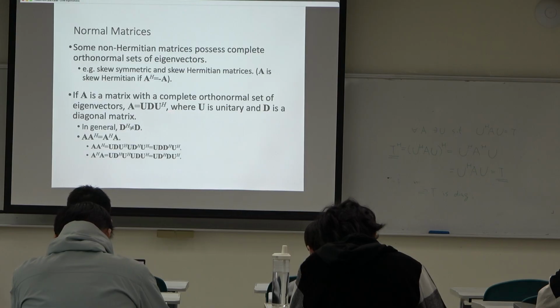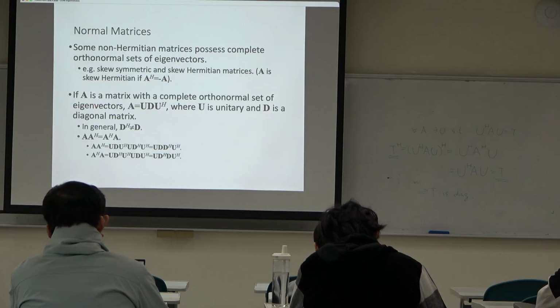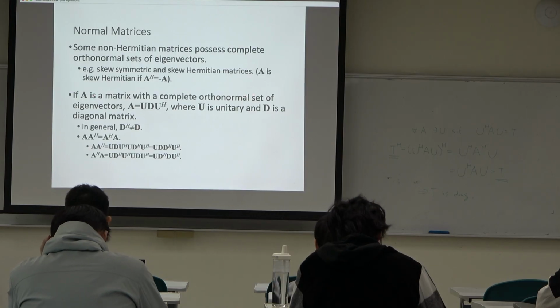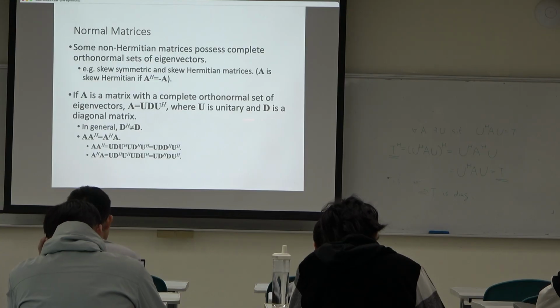Anyway, if A is a matrix with a complete orthonormal set of eigenvectors, and be very careful here, then A equals U D U^H, where U is unitary and D is a diagonal matrix.